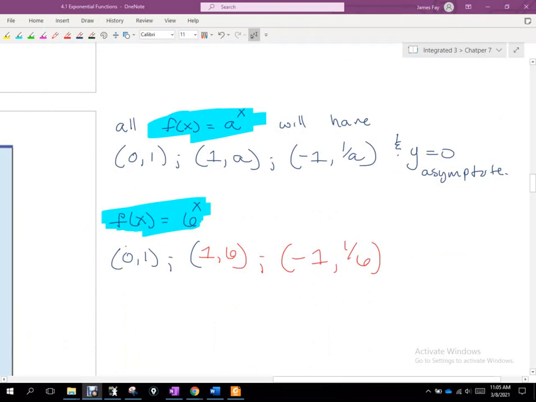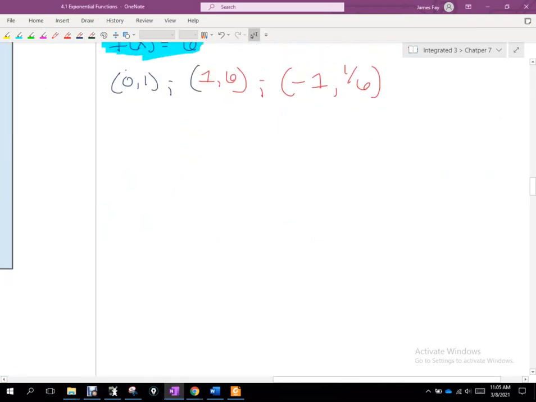Now, all of our notes here talk about the fact that y equals a to the x. But there can be a number out here in front that we can multiply by. So if I have y equals, just to make it easy, 2 to the x, I can put a number out here like 3.